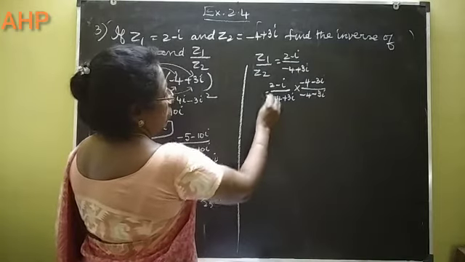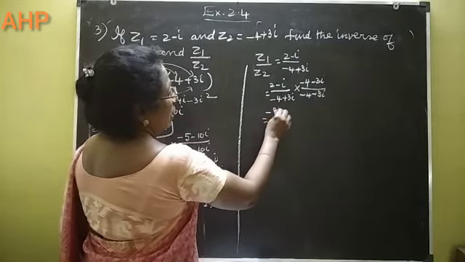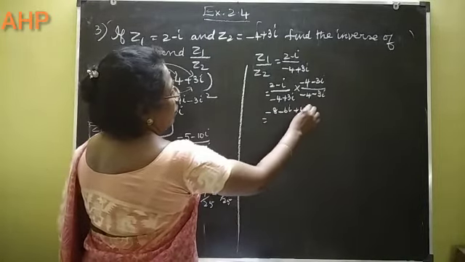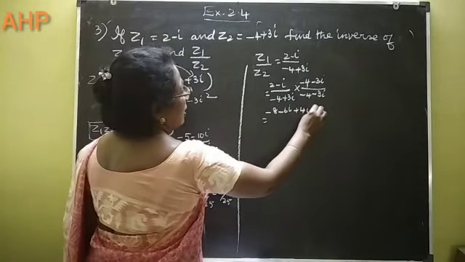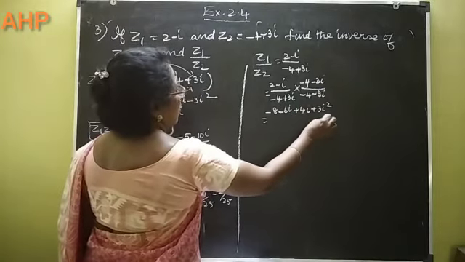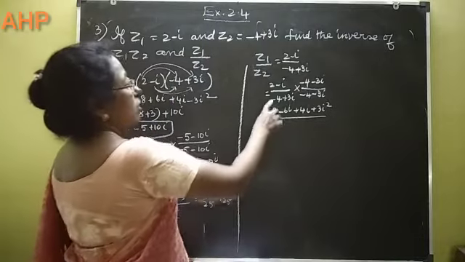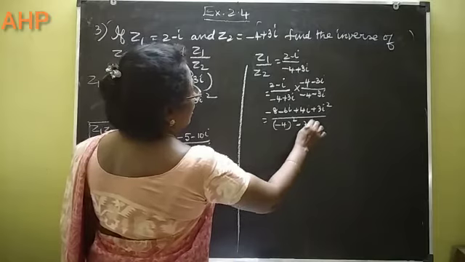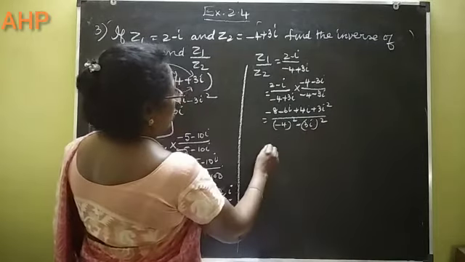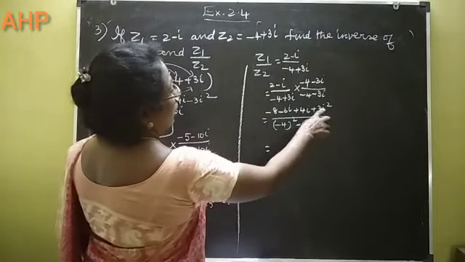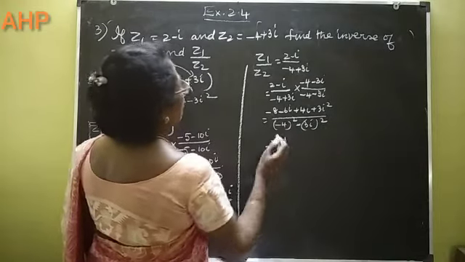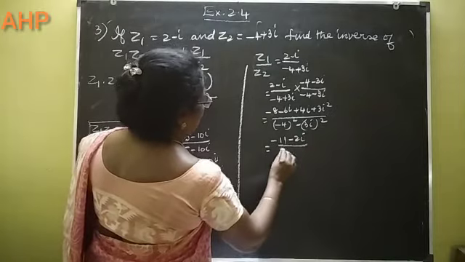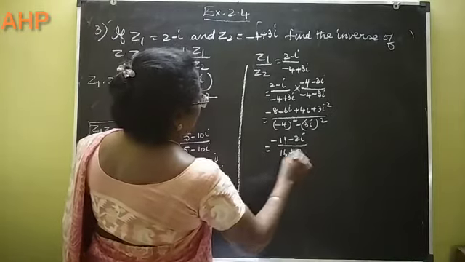So this is equal to multiplying, minus 8 minus 6i plus 4i plus 3i square, divided by a square minus b square, minus 4 square minus 3i the whole square. So this is equal to minus 8 minus 3 gives you minus 11, minus 2i divided by 16 plus 9.